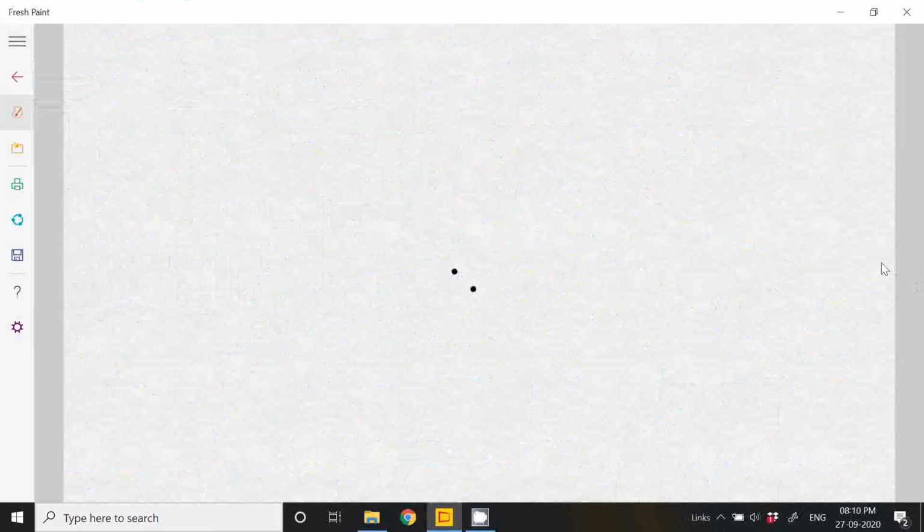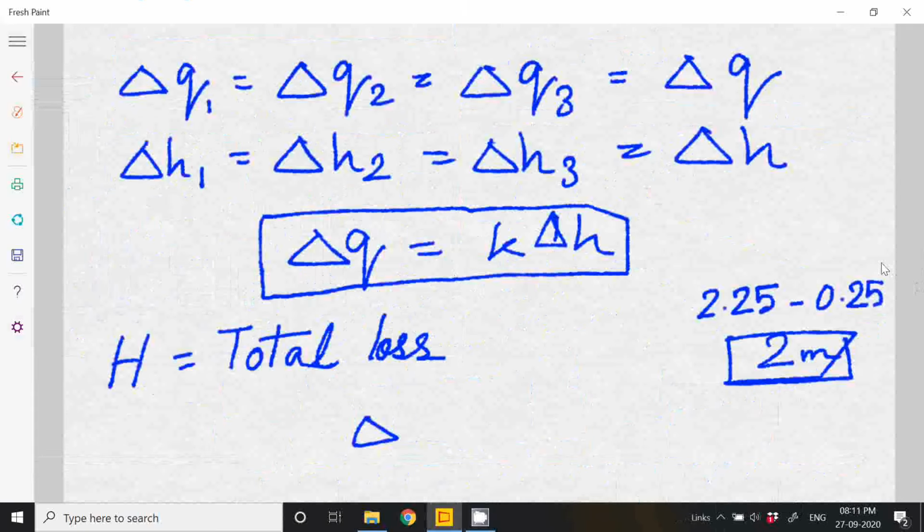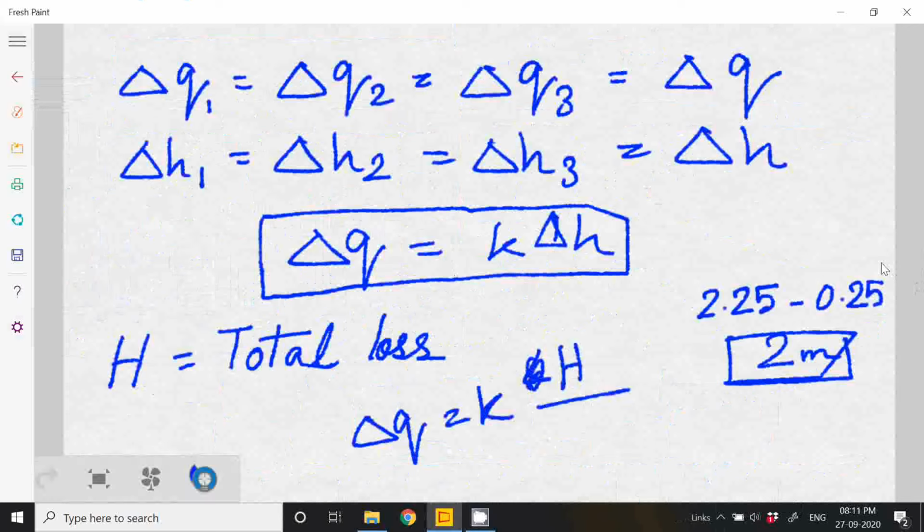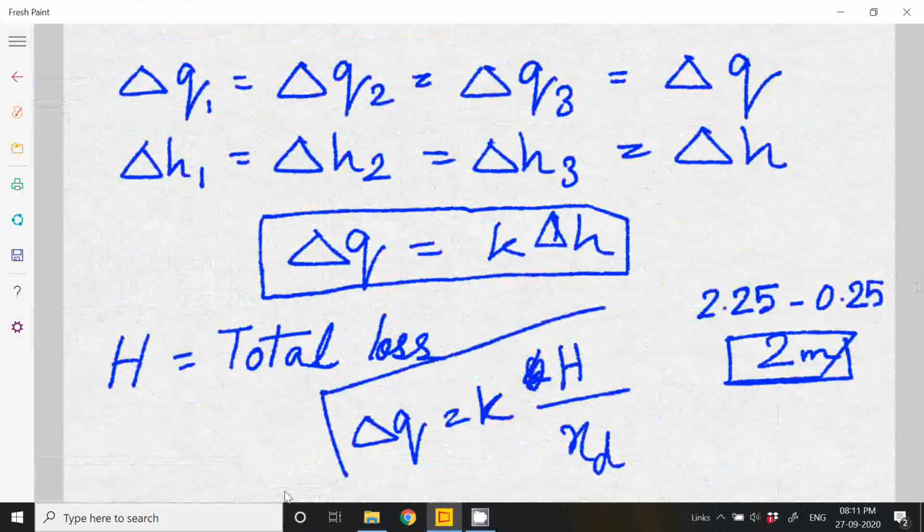So in place of delta H also, we can write delta Q is equal to K into H by ND. That is what you need to know.